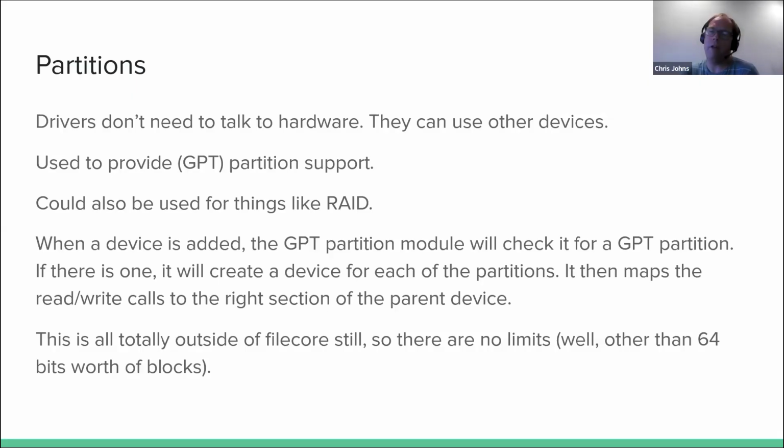Then when a call comes into a partition to say I want to read block 10, the GPT module goes, actually, I know that device is the partition that starts at block 5000, so I'll read block 5010 and feed that back.